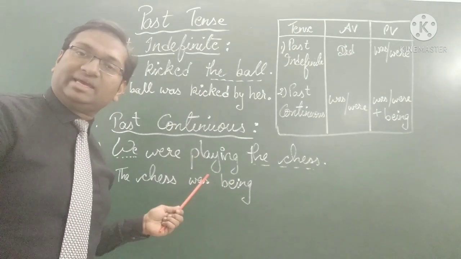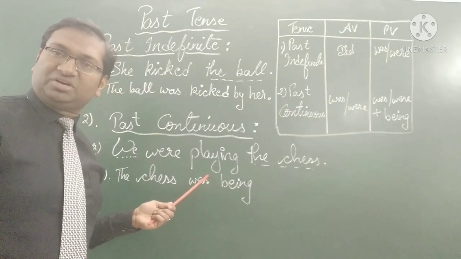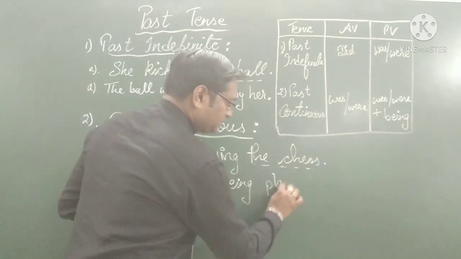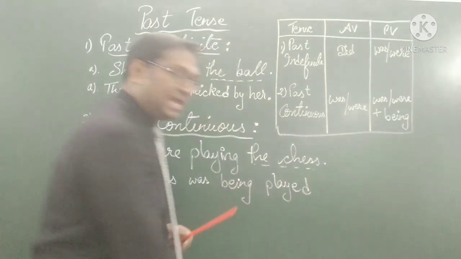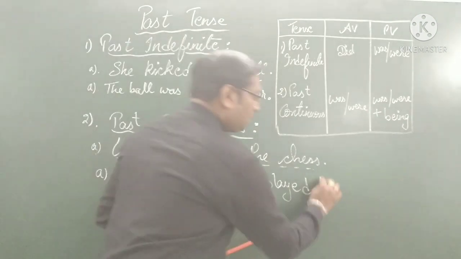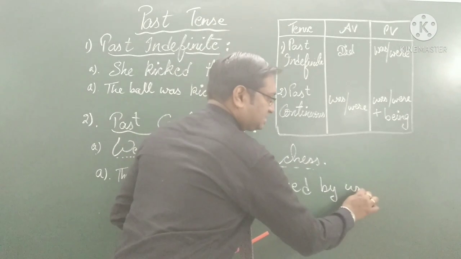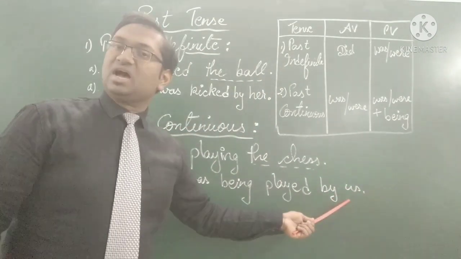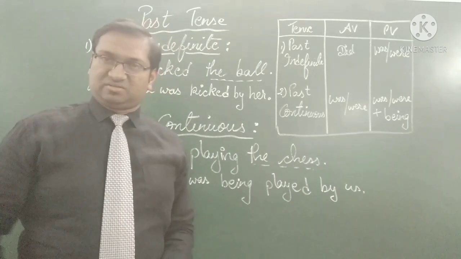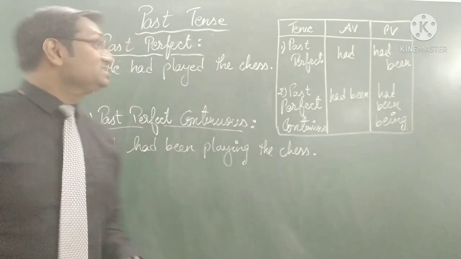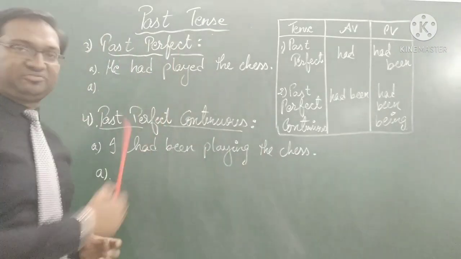Now playing, the ing form, is there, so we are going to convert this ing form into the third form. So playing will change into played. The chess was being played by us. Instead of we, we are going to use us while writing passive voice. Clear this much?